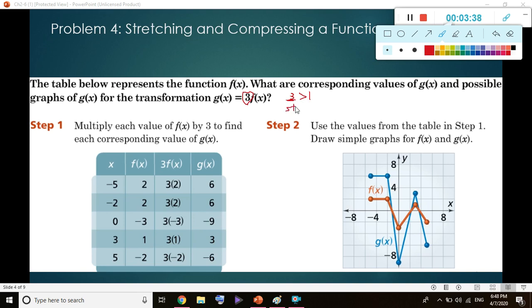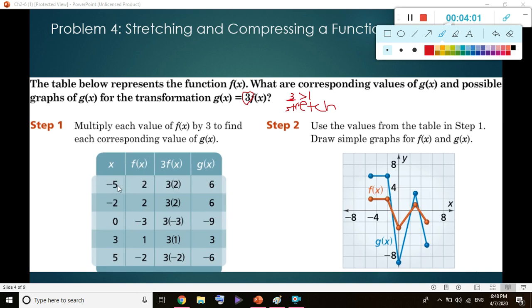So here we're stretching because a, the value we're multiplying by the y values, or f of x, is greater than 1. Okay, so here's f of x and here's x. This is given for us. Let's find 3f of x, which is g of x.